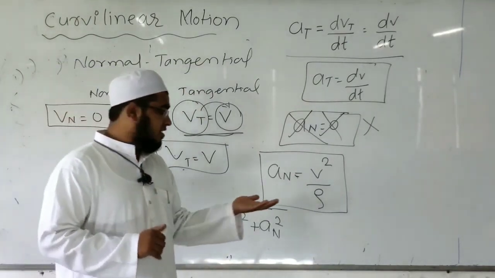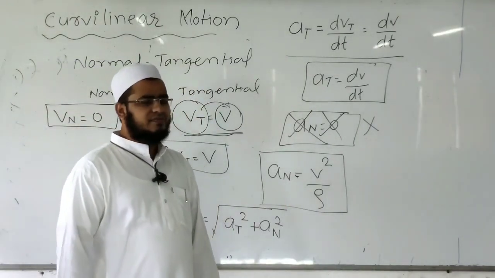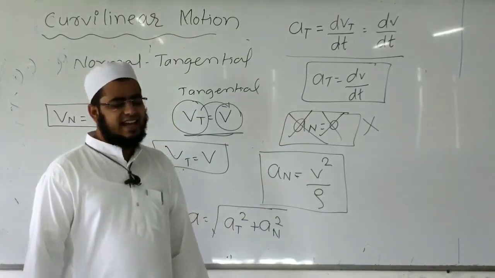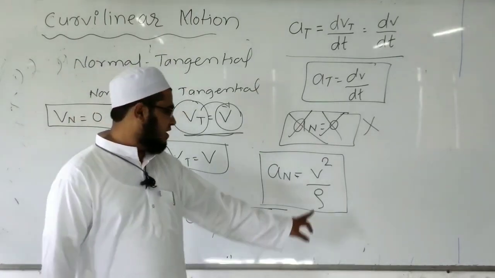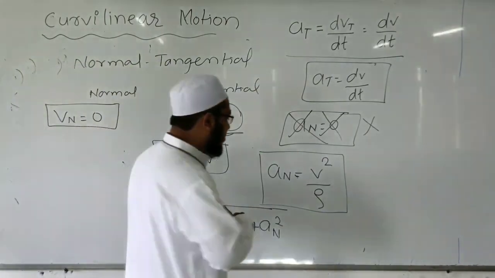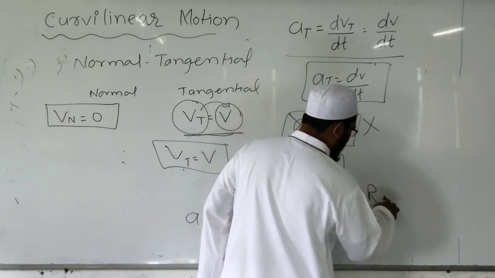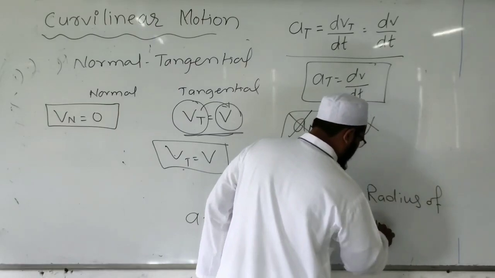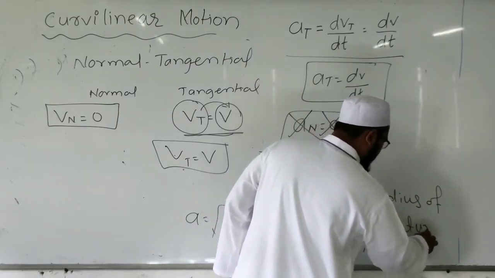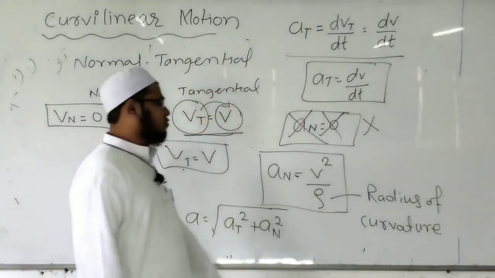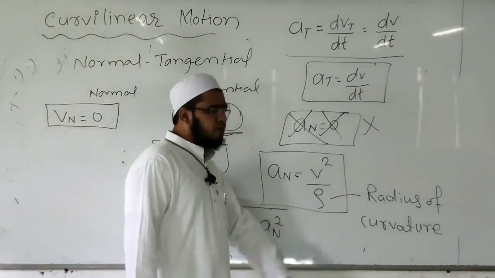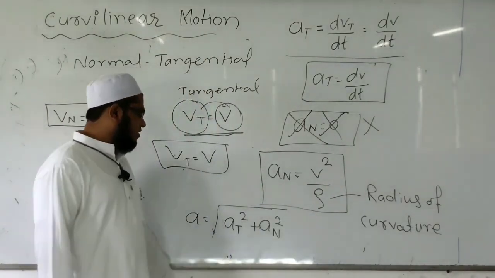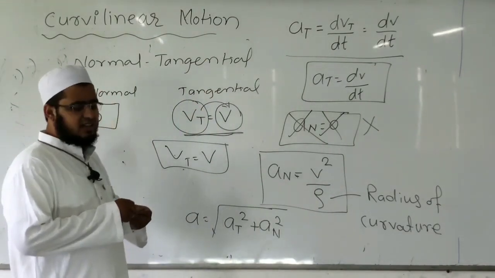But when the radius is required to find, or we have to use the value of the radius, then you can use this formula, an equal to v square by rho, where this rho is the radius of curvature. You can use r, but to avoid confusion, I am using the same notation as a number of folks are using. Total acceleration is equal to the square root of at square plus an square.